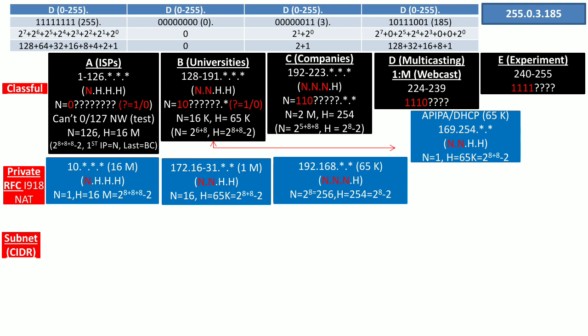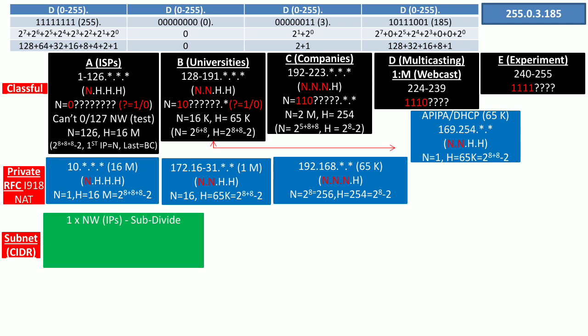Now coming over to subnetting, or classless inter-domain routing, or CIDR, which is also sometimes referred to as variable length subnet mask. At the start of this video we discussed classful IP addressing, but sometimes we need to subdivide our network into multiple networks.